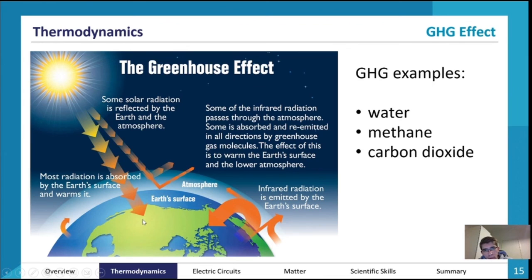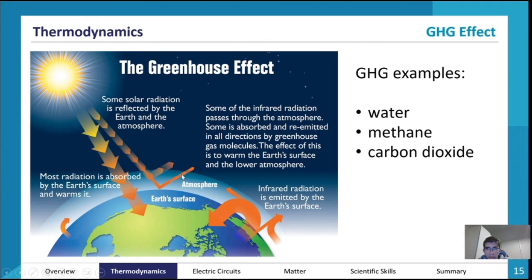When it is absorbed, it will heat up the surface of the Earth, of course. So the Earth itself will start to emit radiation. Radiation comes from the sun, some of it is reflected from the ozone layer, some of it goes through, some of it is absorbed by the earth, and some of it is reflected back again.